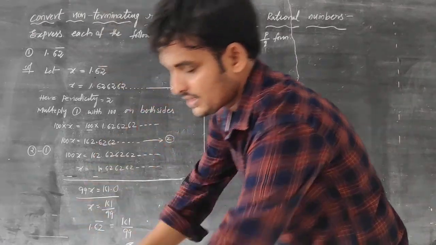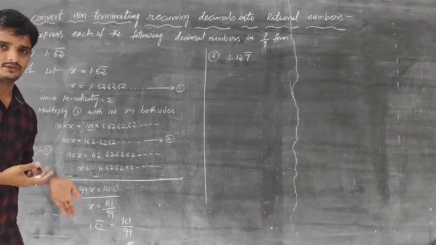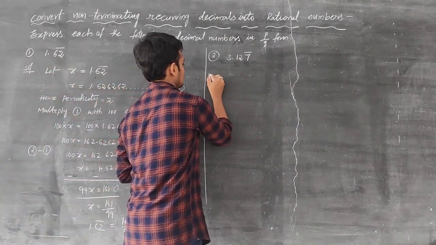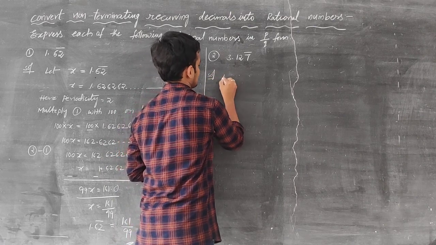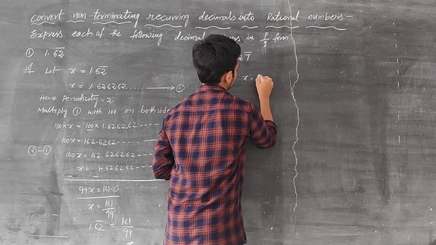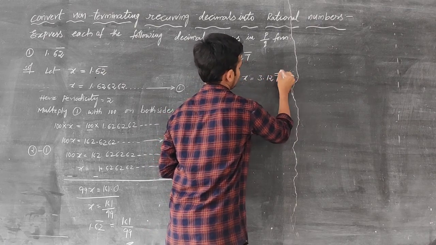Okay, let's start. This is the same as the first question. How can we solve it? We take x is equal to 3.127 bar.